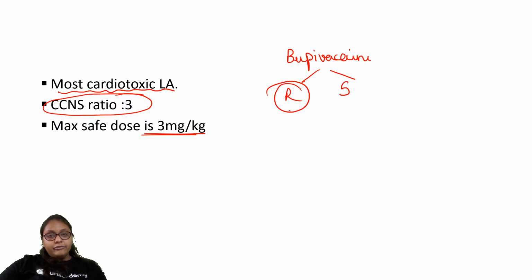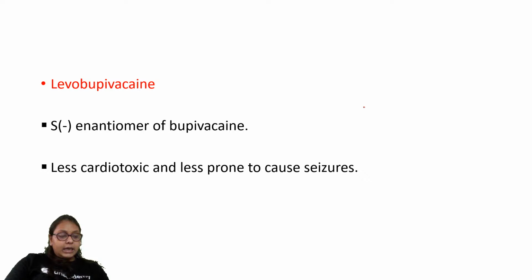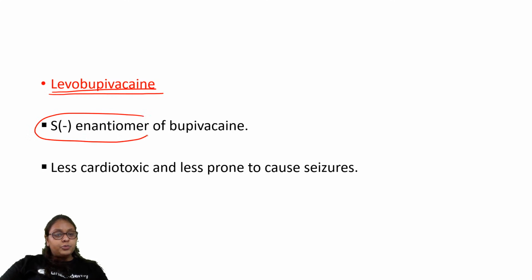It is this R form which is responsible for cardiotoxicity. Okay, so what did we do? Its substitute is levobupivacaine. Levobupivacaine is the S enantiomer of bupivacaine. Okay, so the R form was removed. It is only the S enantiomer of bupivacaine and it is less cardiotoxic. It is less cardiotoxic and less prone to cause seizures as compared to bupivacaine.